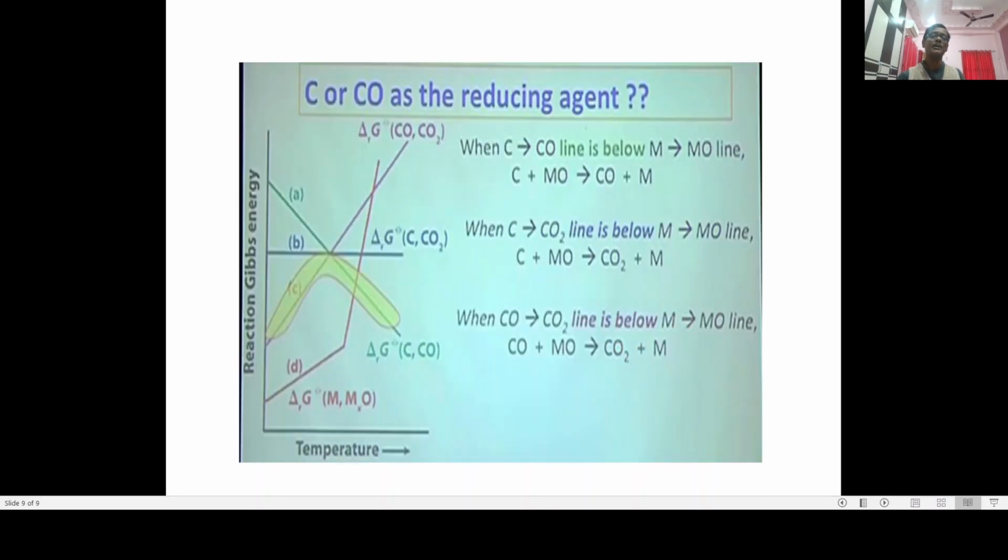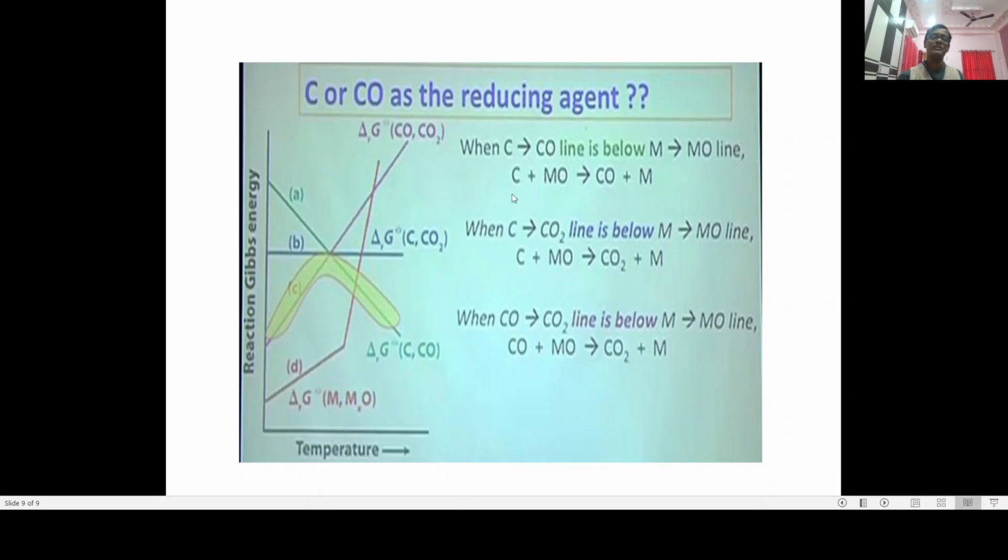Next, carbon or carbon monoxide as a reducing agent. When the carbon to carbon monoxide line is below the metal to metal oxide line, then carbon plus metal oxide gives metal.